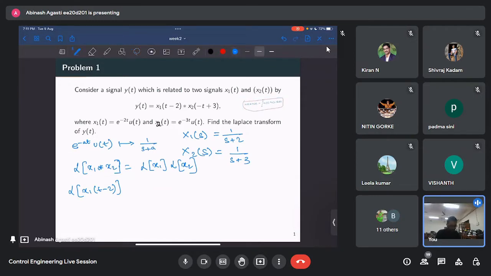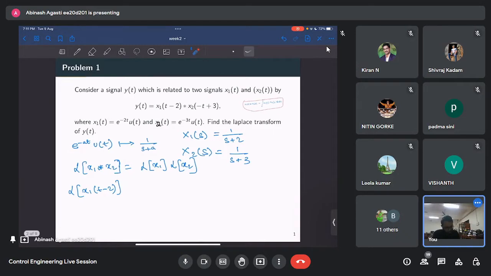Okay, now we are given x1 and x2, but the two signals being convolved are slight variations of the given signals. So first we'll find out x1 of s and x2 of s, which is direct from the fact that when we Laplace transform e to the minus at u of t, we get 1 by s plus a, right?